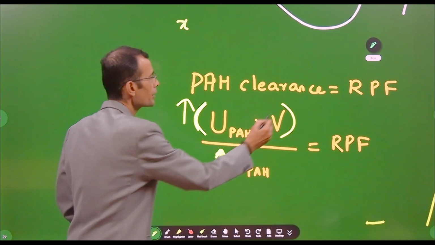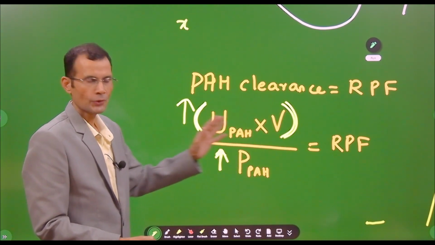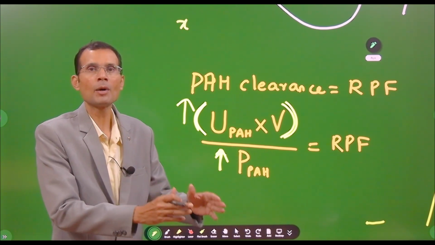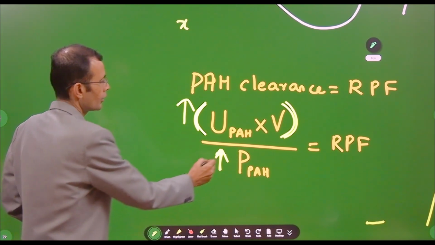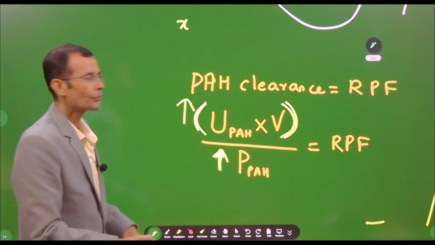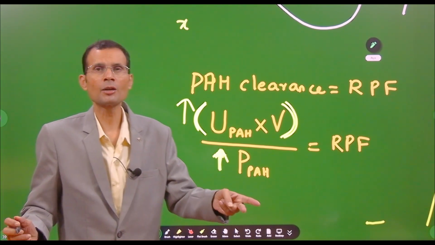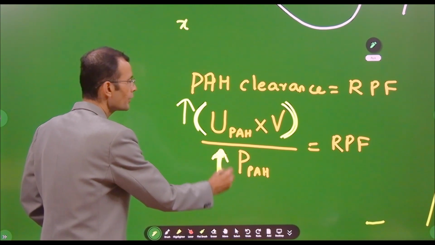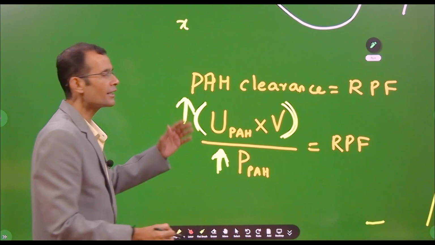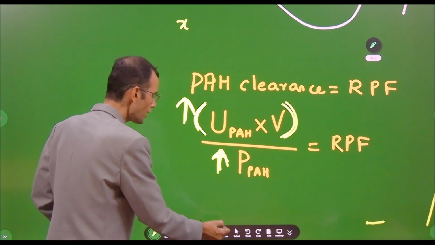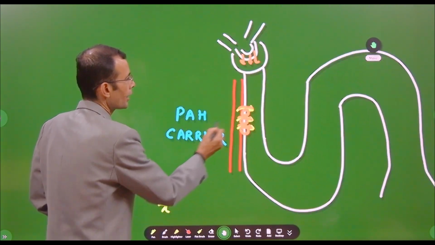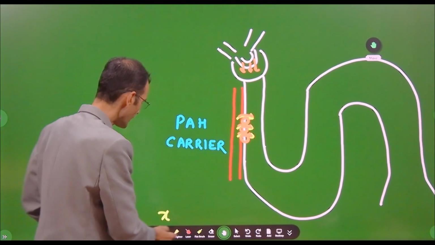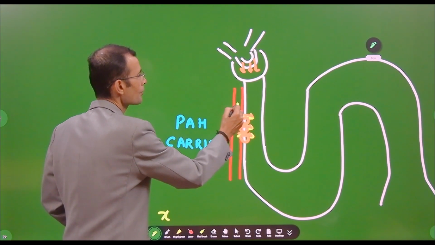You know the numerator is UX into V. So UX into V is the total excreted amount into the urine. In the case of PAH, if twice the recommended dose was injected by mistake, its plasma level will increase, but its urinary excretion rate will also increase. Why? Because you are increasing the PAH concentration on one side, in the plasma.